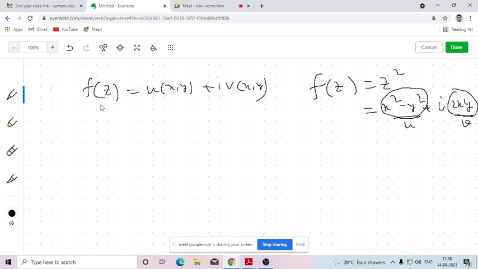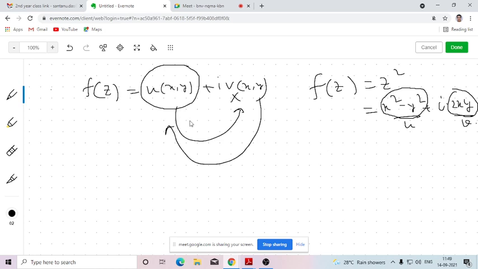If the function is analytic and the parts are harmonic, then if we know u, the real part, but don't know the imaginary part, from the real part we can construct the imaginary part, and from the imaginary part we can construct the real part, and we can construct the function. That is the usefulness.